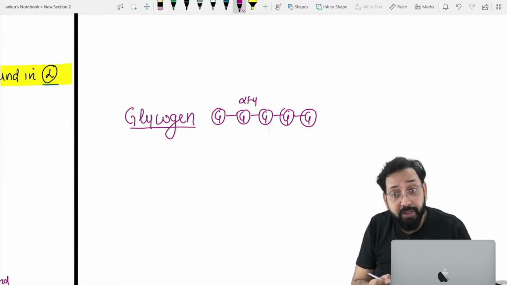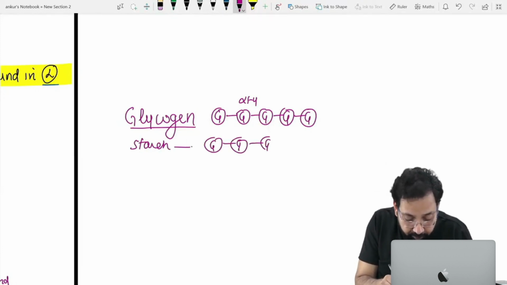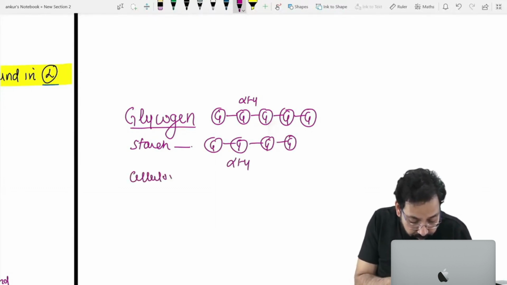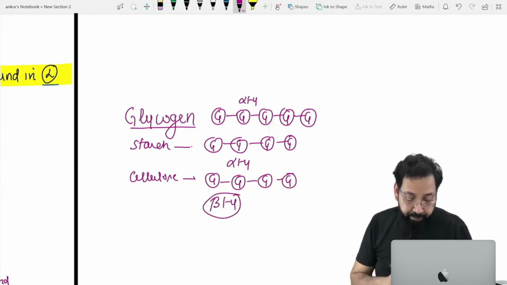Alpha 1,4 linkages. Starch, again glucose molecules are joined by alpha 1,4 linkages. Cellulose, again glucose molecules, these are joined by, no, this is beta 1,4 linkages.